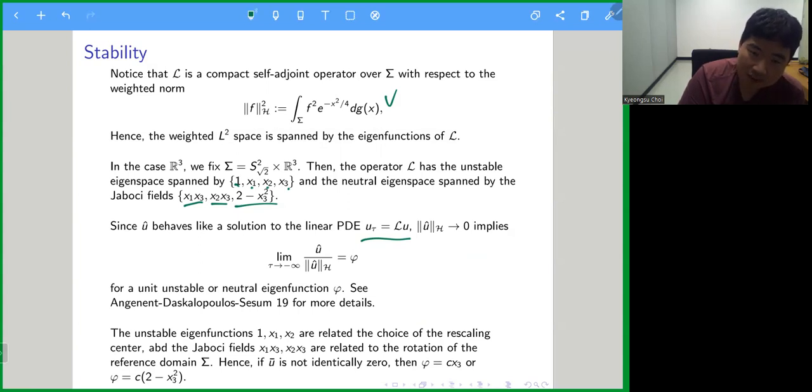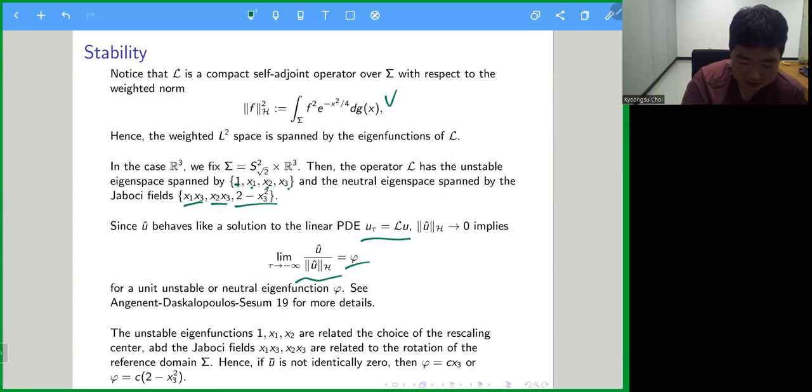In that case, stable eigenfunctions should not have any coefficients, because they converge to 0 as t goes backward. Stable guys increase backward, so they diverge to infinity, but the solution is bounded. So basically stable eigenfunctions vanish. So in the L2 sense, this solution u is dominated by unstable and neutral guys. So if you normalize it, then it must converge to an eigenfunction which is unstable or neutral.